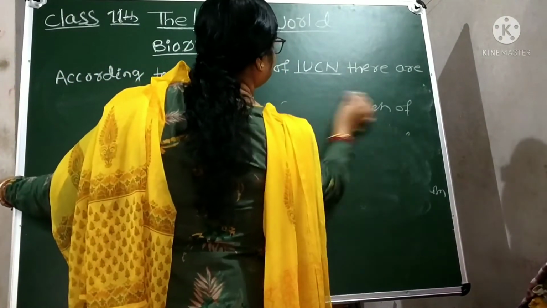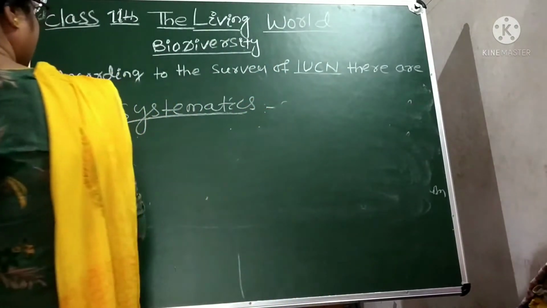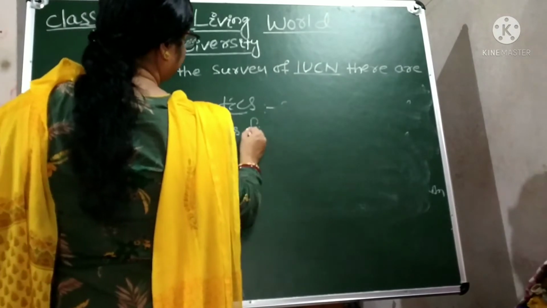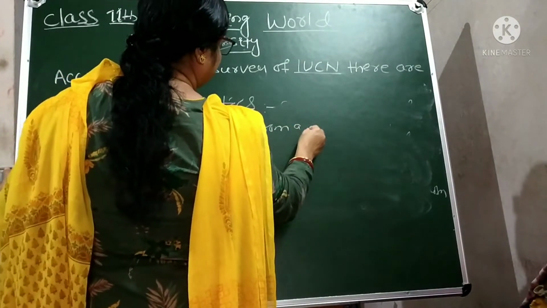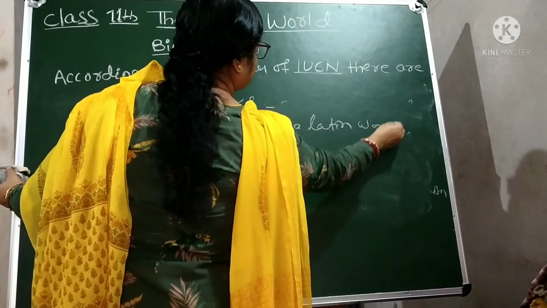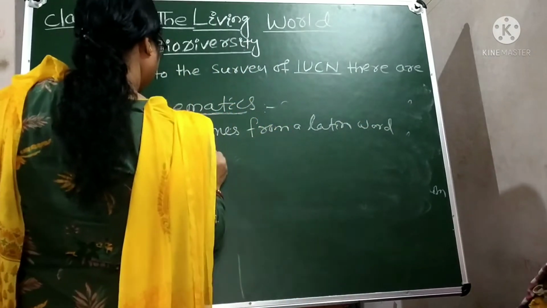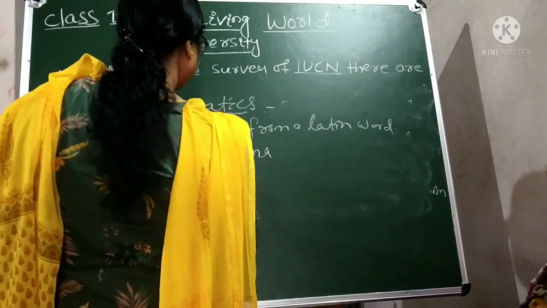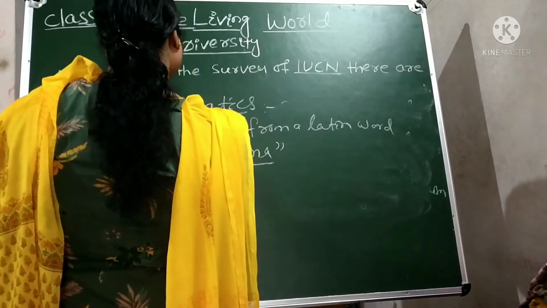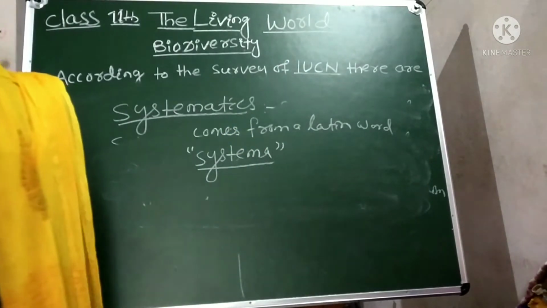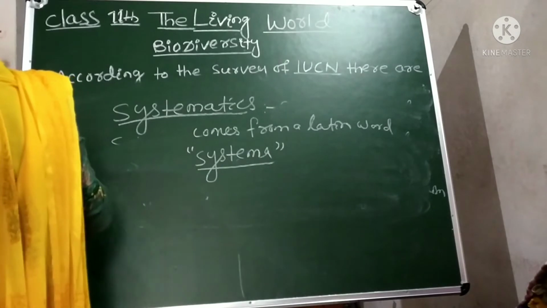Systematic comes from a Latin word, that is systema. You have to remember it. Systematic comes from a word known as systema.